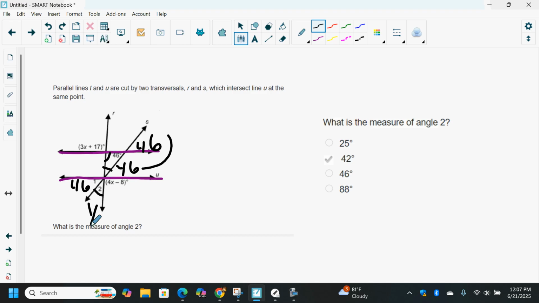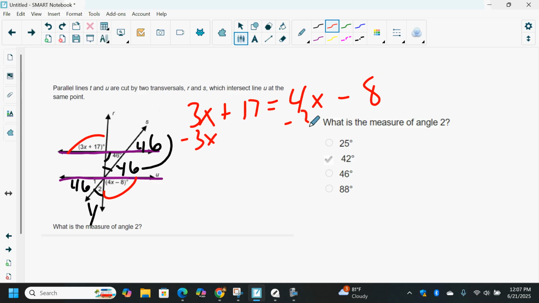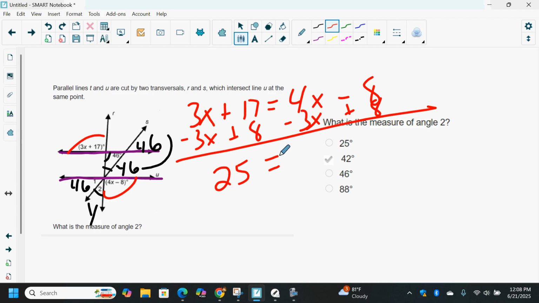I know this angle 4x minus 8, so let's change the color. I know this angle and this angle are congruent. So I can set 3x plus 17 equal to 4x minus 8. Let's subtract 3x from both sides, add 8 to both sides. I get 25 equals x. So I know x is 25.